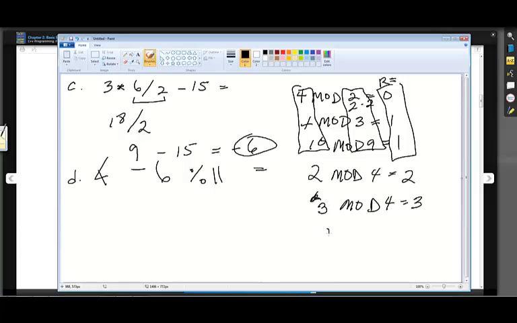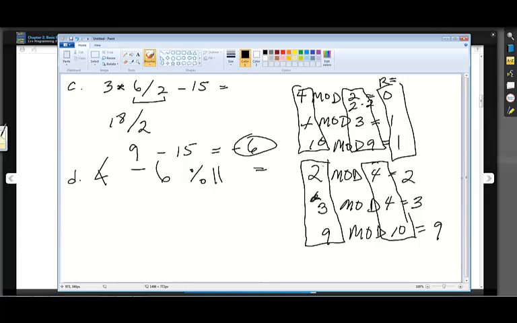What is 9 mod 10? It's 9. So here's my point: if the number on the left side of the mod is smaller than the number on the right, then the answer is that number itself. Does that make sense? So just keep thinking. That's how I learn it.